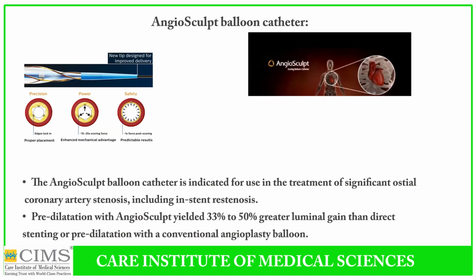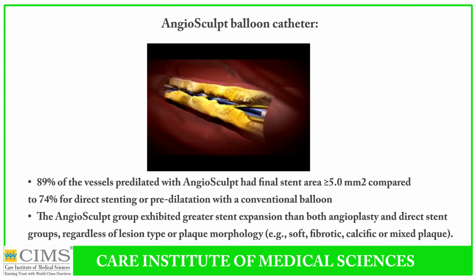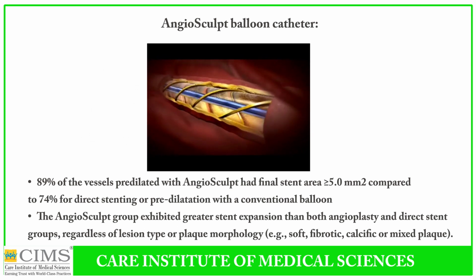Having debulked the lesion, we decided to use an angiosculpt balloon, a specialized balloon which is able to cut the plaques. By using pre-dilation with this specialized balloon in the past, the data has shown greater luminal gain and ended up with a much better stent area.